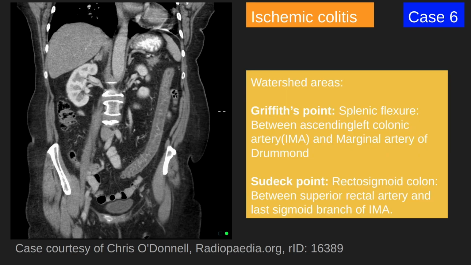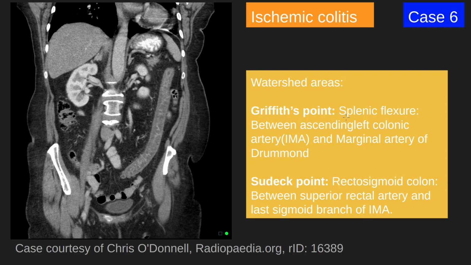So the important thing to consider here is ischemic colitis involving the IMA territory, that is from the splenic flexure to the sigmoid colon, which is secondary to embolic occlusion of the IMA. In patients who have systemic hypotension or hypovolemic shock, there are two watershed zones which are prone to ischemic colitis.